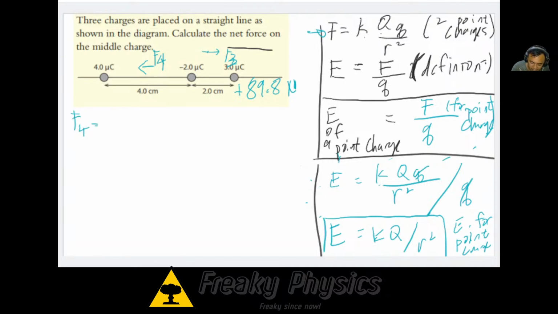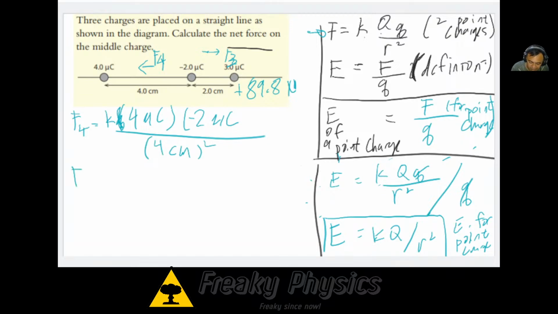F4 will be equal to K times 4 microcoulombs times 2 microcoulombs over 4 cm squared, right?